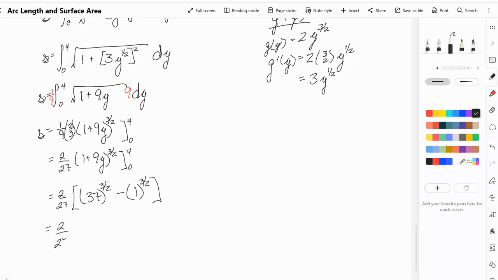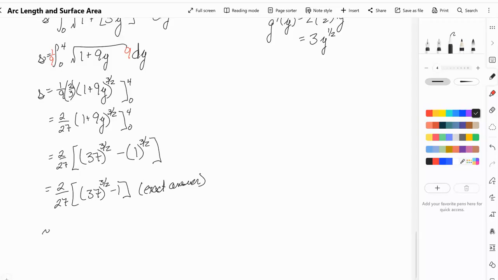I have 2 over 27 times (37 to the 3/2 minus 1). So that is my exact answer. Now, if I want to approximate that, of course, I could plug that in the calculator. And when I did that, I got 16.5972, which is the decimal approximation.